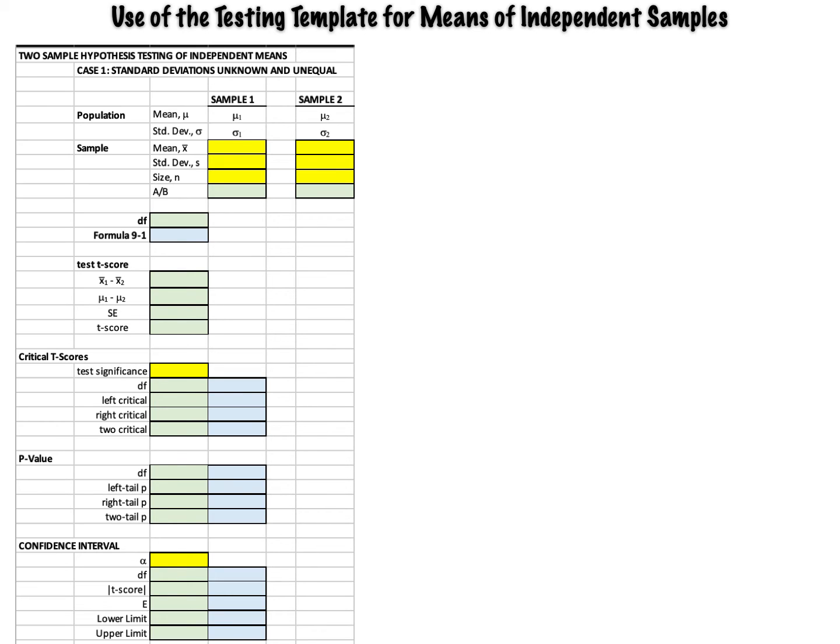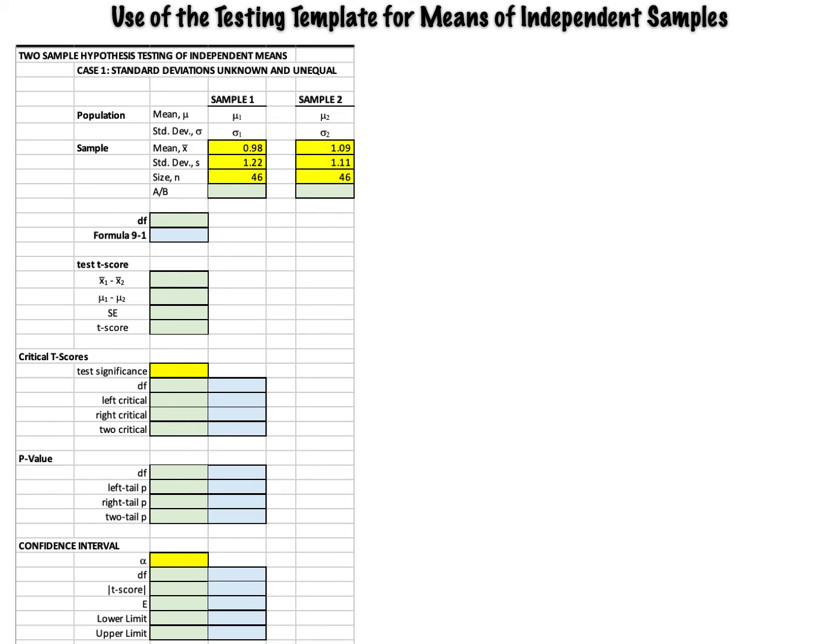Okay, let's input the data from our example. For the first sample, we have a mean of 0.98, a standard deviation of 1.22, and a sample size of 46. For sample 2, the same statistic values are 1.09, 1.11, and 46.